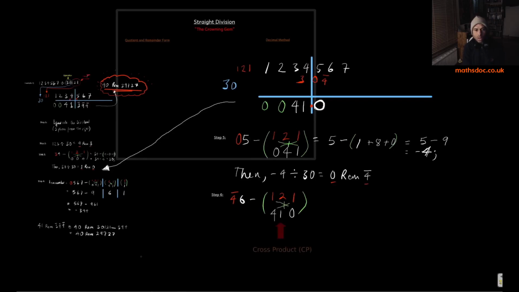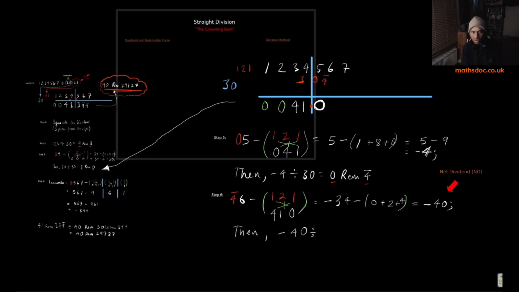Cross multiply those. So we've got minus 40. Minus 40 plus 6 is actually minus 34. And in parentheses we work out what all of that is: 0 plus 2 plus 4 comes to 6, doesn't it? So it's minus 34 minus 6, which is minus 40.